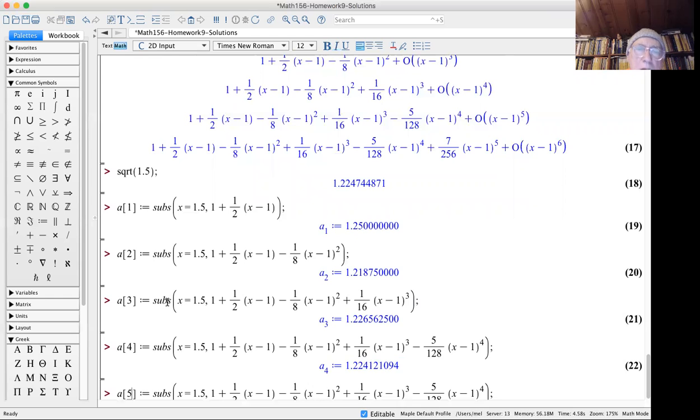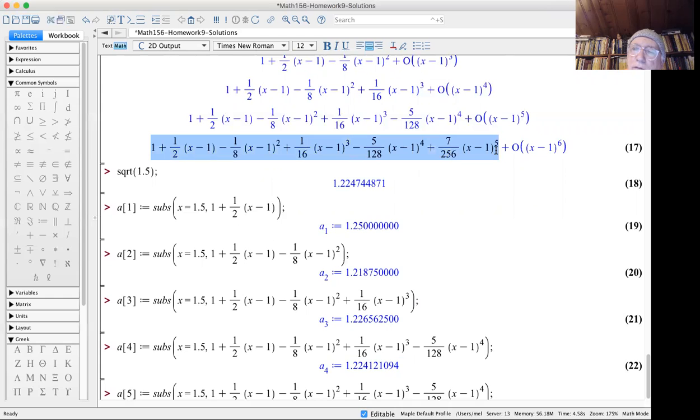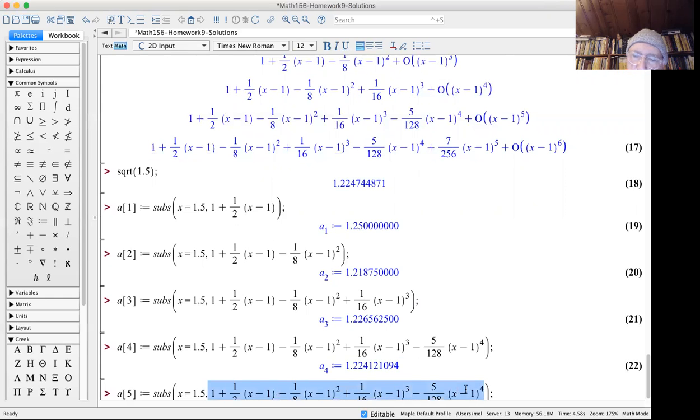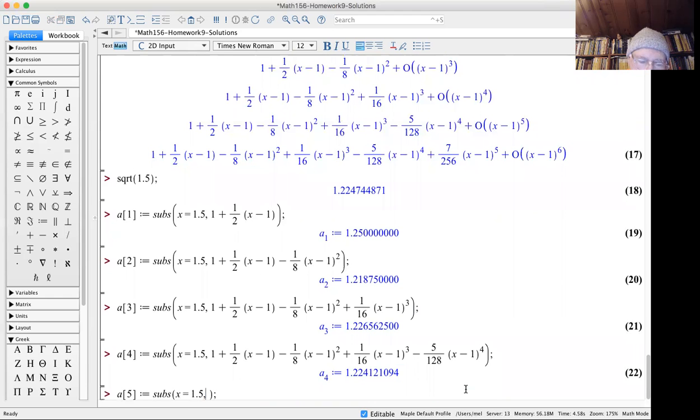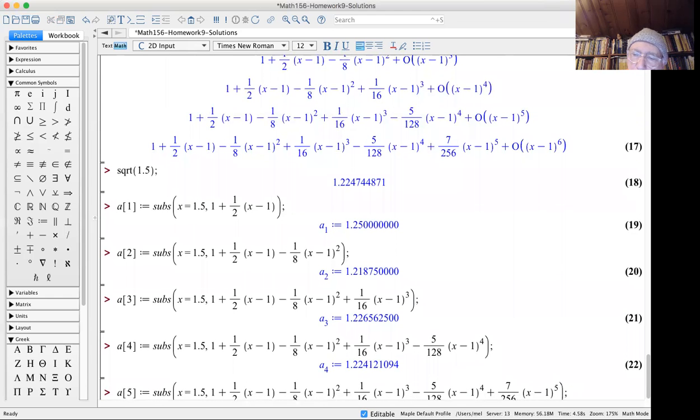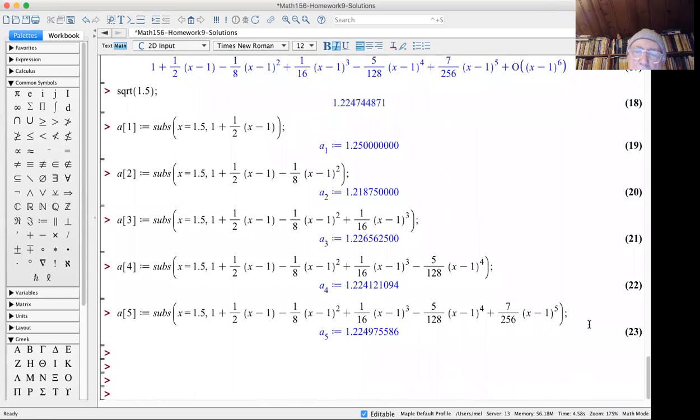If you take this 5th degree polynomial, that's the 5th degree Taylor polynomial, and you plug it in, this is what we get. And again, it's 1.2249, 1.2247. So you're getting better and better approximations. That's the whole point of the exercise.